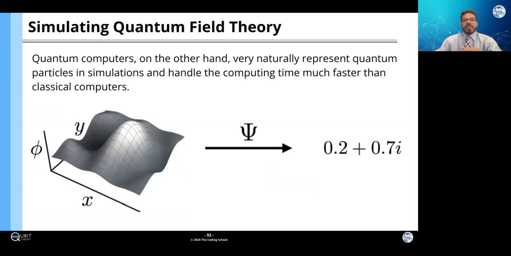However, our quantum computers simulate quantum particles very naturally. And so the natural language of a quantum computer is really going to support a quantum field theory calculation. You can move from these particles interacting to wave functions that you can actually extract predictions from.